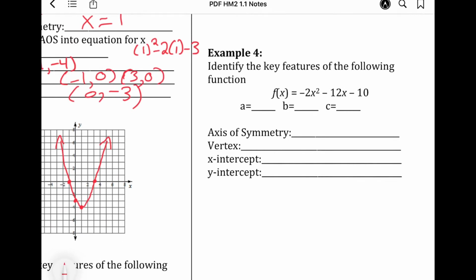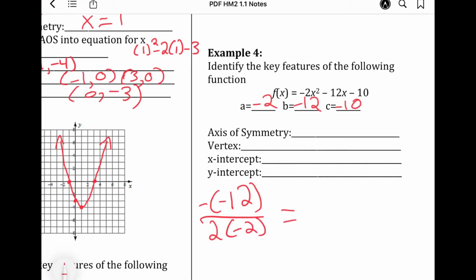Example 4. You're given this function. Your A is -2, your B is -12, and your C is -10. For your axis of symmetry, you would end up with -12 over 2 times -2, so you'd end up with -3.